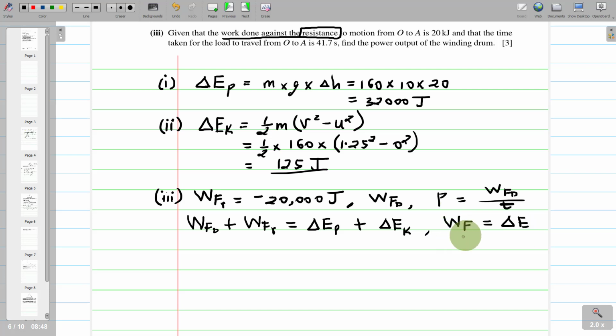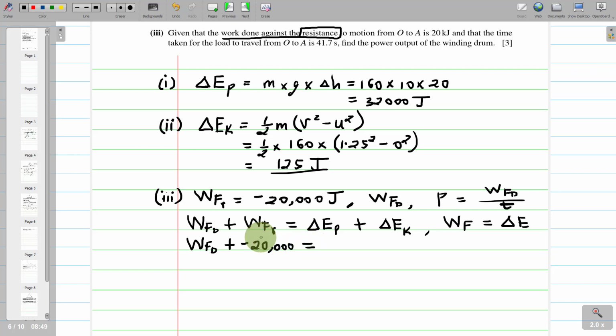But we want to break down the two very important forces that we use in mechanics 1, driving force and resistance. The two energies that we use again in mechanics 1, potential energy and kinetic energy. So let's substitute in these values and see what we get. Work done by driving force plus, this one will be negative 20,000.